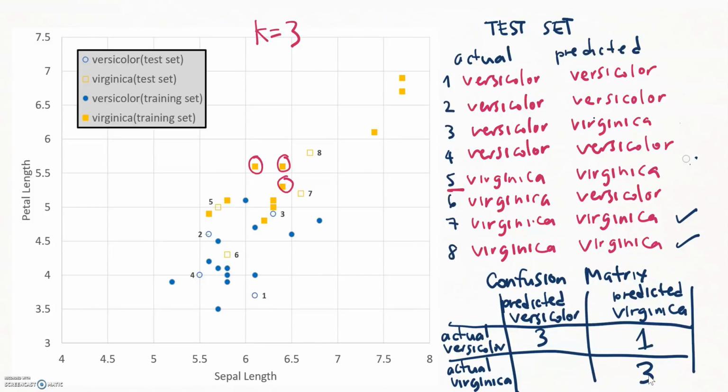And lastly, let's rub off these ticks. This last cell summarizes how many records have actual classification of virginica but have been predicted to be versicolor. We have one record which fits this description. Its actual classification is virginica, but it's predicted to be versicolor. So we enter 1 here, because there's only one record.